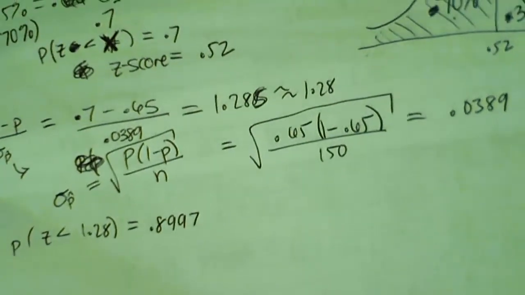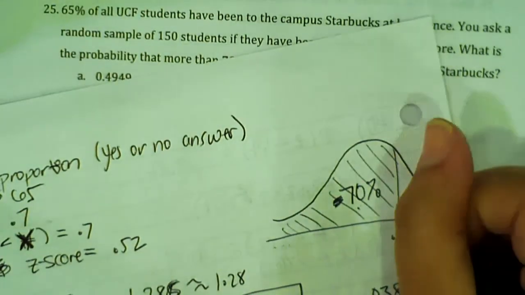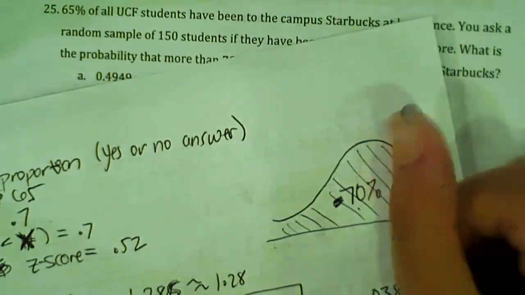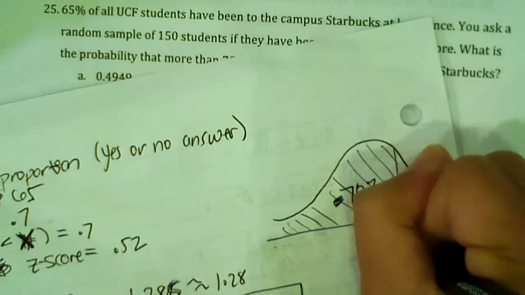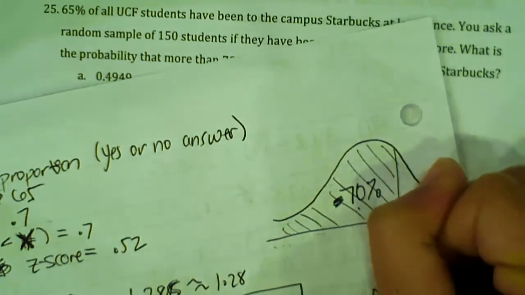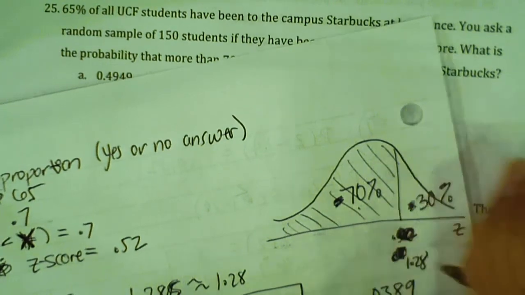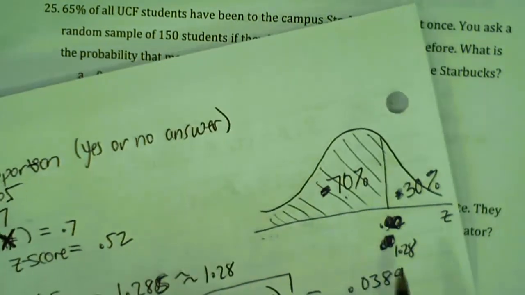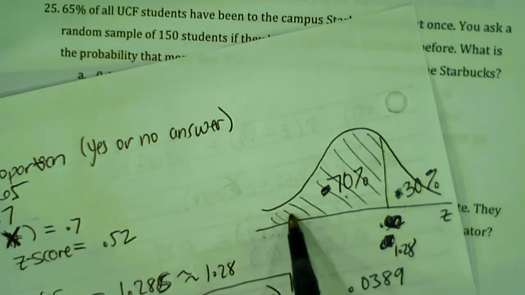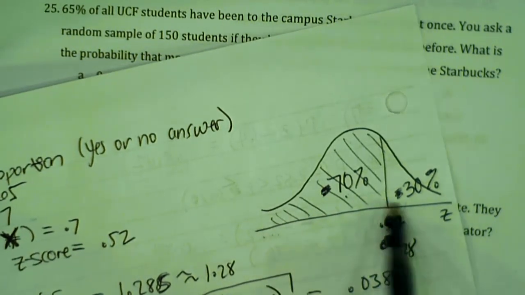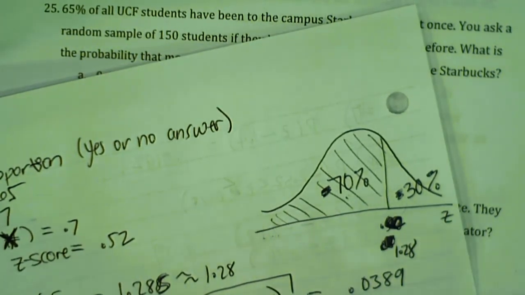Okay, so because that would give you, since we put the wrong number on here, oh just kidding, this is a Z-score. So the Z-score of 1.28 is giving you everything to the left of this. So if we do 1 minus this, it gives you this, which is what we're trying to find.